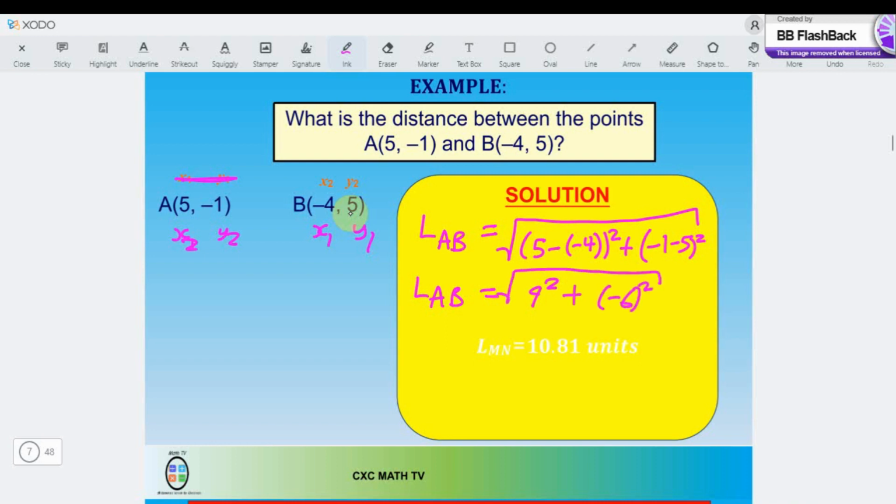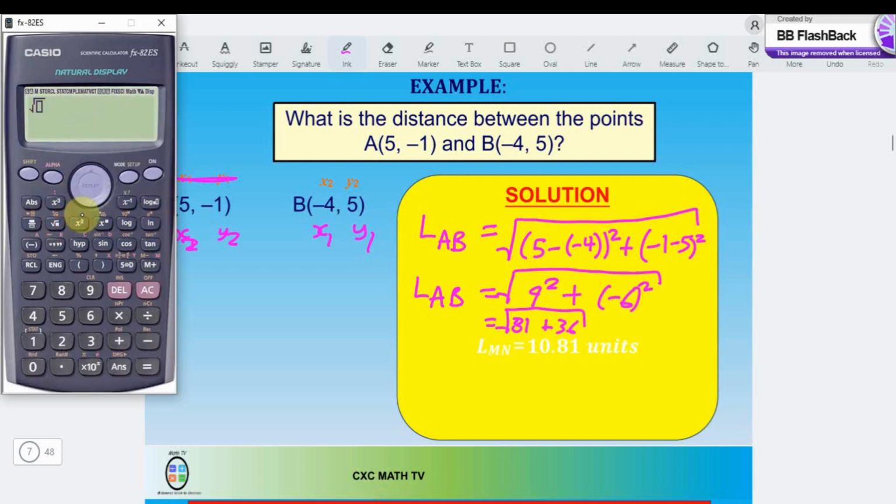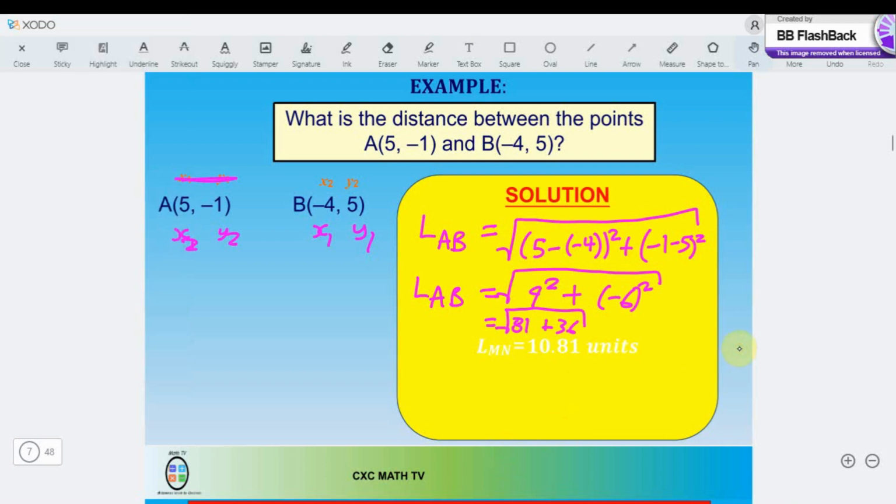That would work out to be 81 plus 36, and then you square root it. You put that in a calculator, the square root of 81 plus 36, gets you 10.81 or 10.82. And that is it. So the length of the line, or the distance from A to B, is 10.81 units.